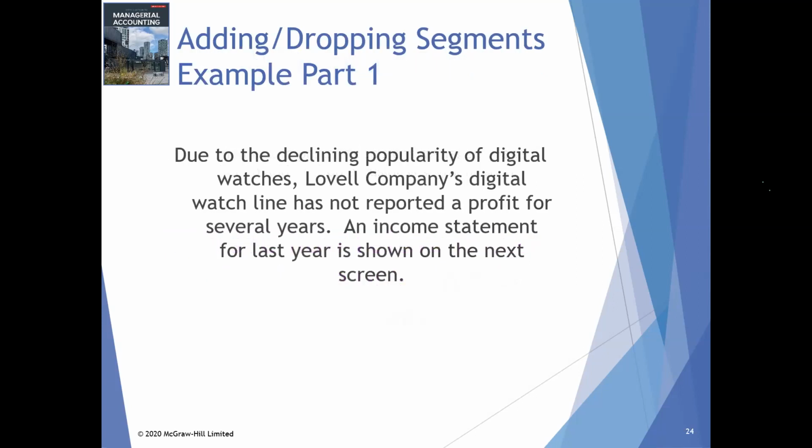Due to the declining popularity of digital watches, this is one of the examples that we are taking now. Lowell Company's digital watch line has not reported a profit for several years. An income statement for the last year is shown on the next screen.